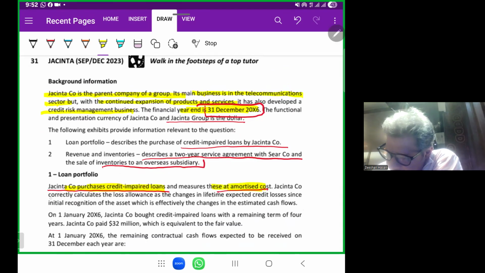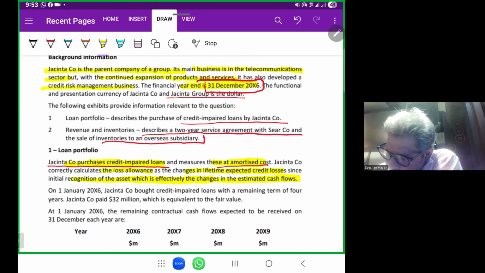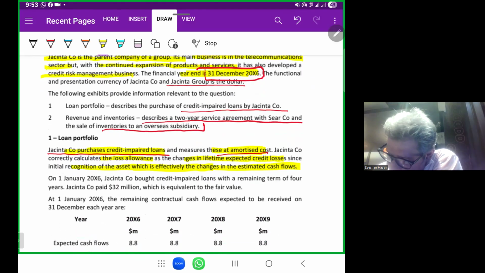Jacinta Company correctly calculates the loss allowance as changes in lifetime expected credit losses since initial recognition of the asset, which is effectively the change in the estimated cash flows, on 1st January 2006. Jacinta Company bought credit impaired loans with a remaining term of 4 years. Jacinta Company paid 32 million, which is equivalent to the fair value at 1st January 2006.